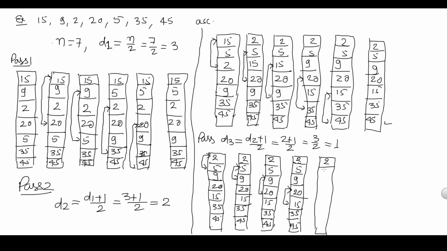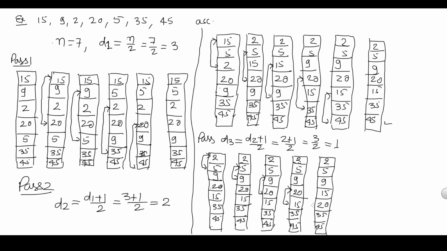So 2, 5, 9, and because 20 is swapped with 15, so 15 will come here, then 20, then 35 and 45.